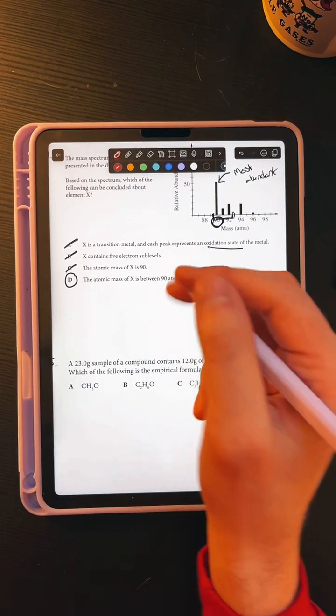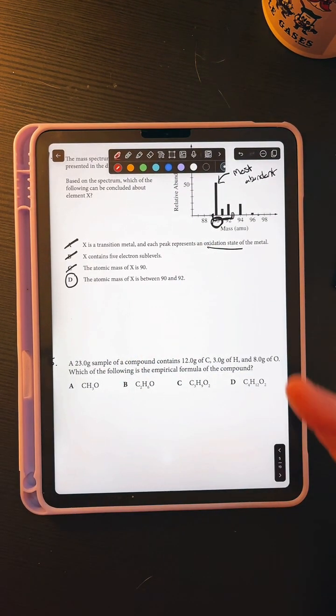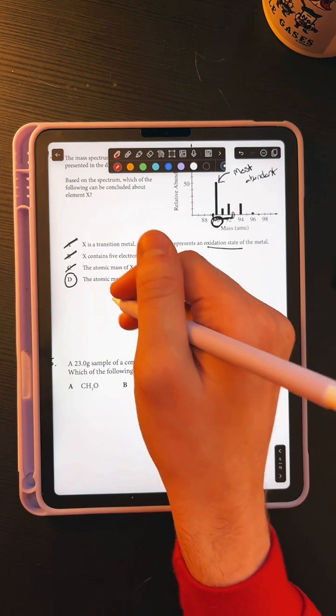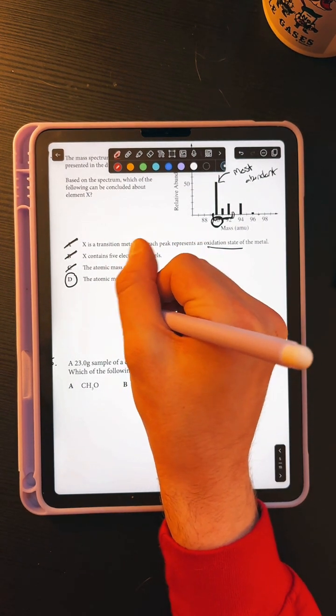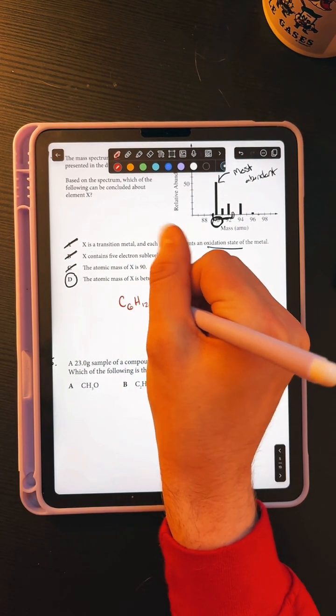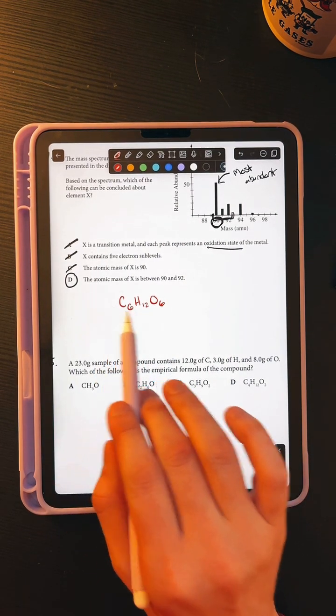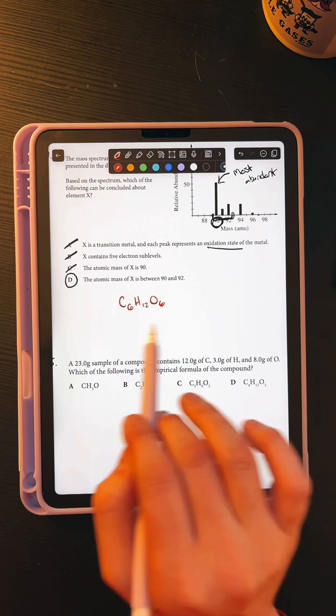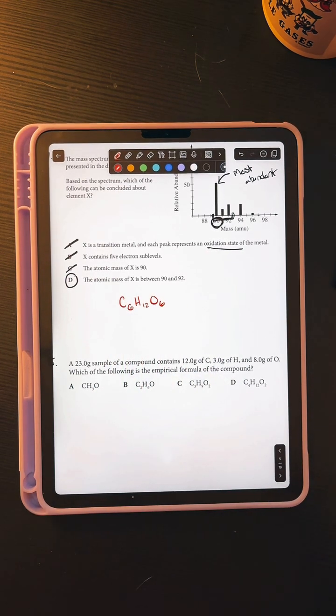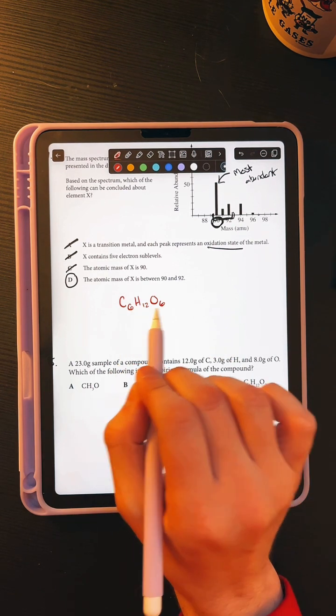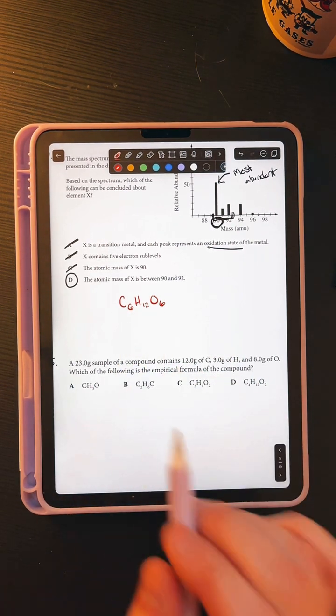Molecular formula tells us everything that's in the molecule. So if we had C6H12O6, that is a molecular formula because it tells us the total amount of our elements in our sample. The total amount, we have 6 carbons, 12 hydrogens, and 6 oxygens.